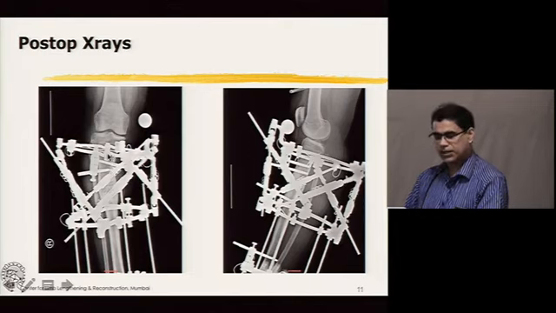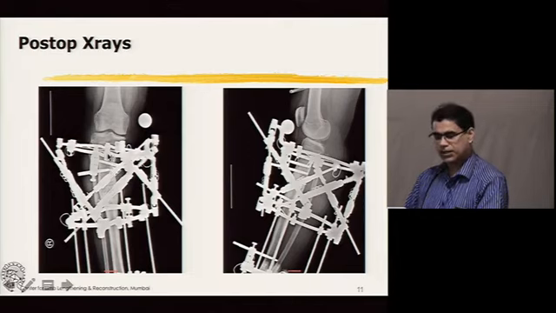So that's the Ortho SUV planning screen. So the red marking is the future fragment where it is going to lie, and the amount of correction was around 18 degrees. But in between, she had one of the bolts of the Ortho SUV which had broken, so we had to replace that in the OPD, and the translation which was being expected was not happening.